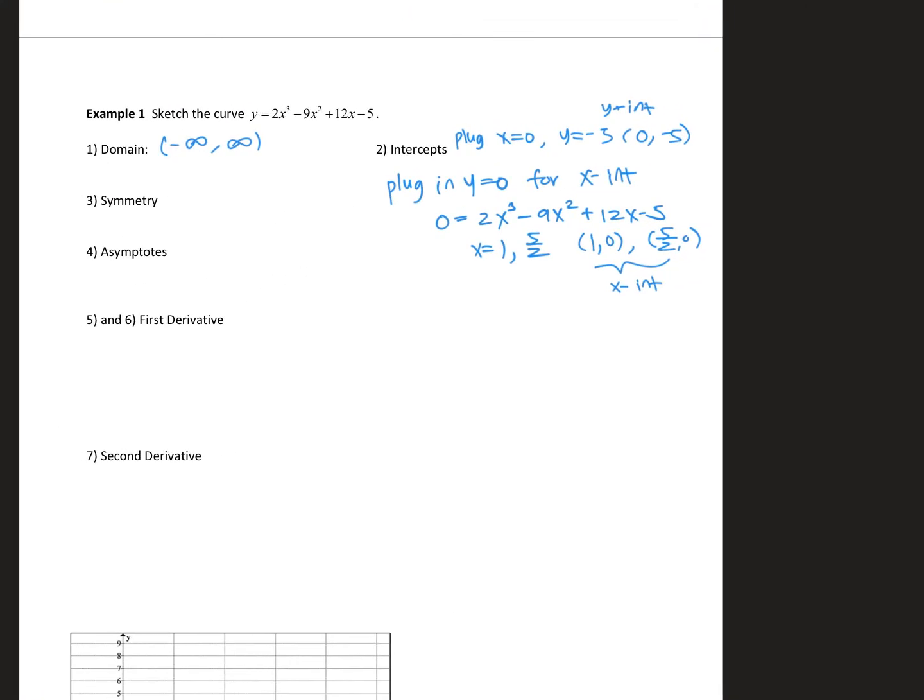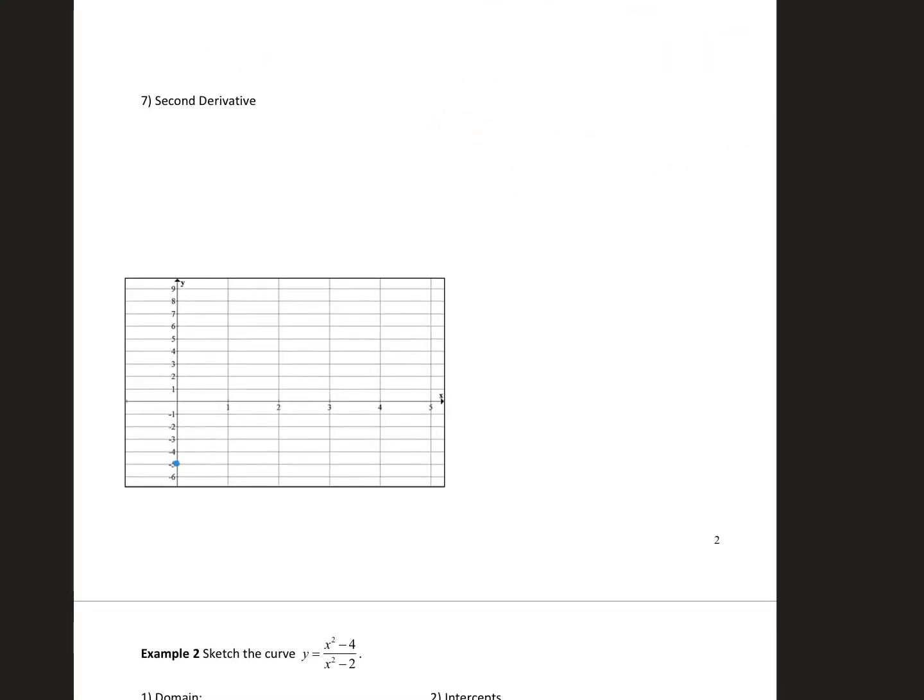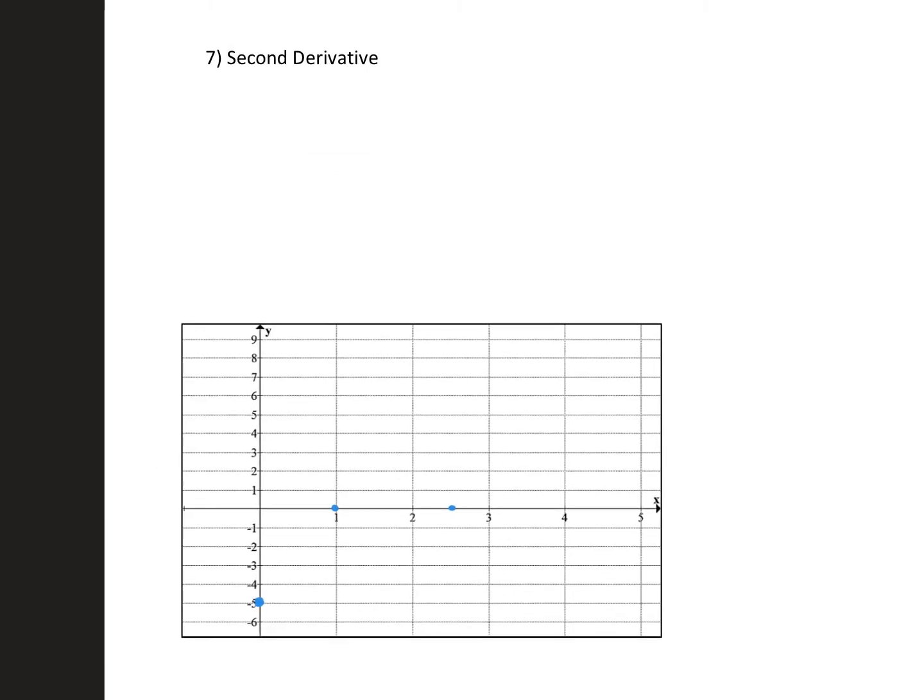The x-intercepts were 1, which is here, and 5 over 2, which is 2.5, over here. I don't know what the graph looks like yet, but it goes through these points, which gives you an idea how the graph is going to look.